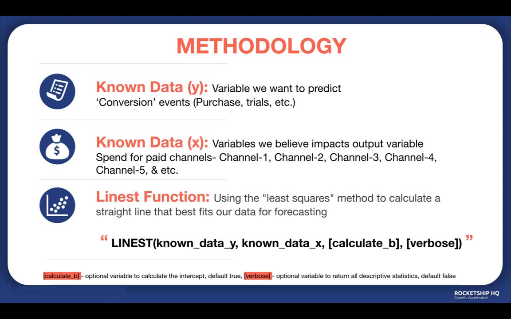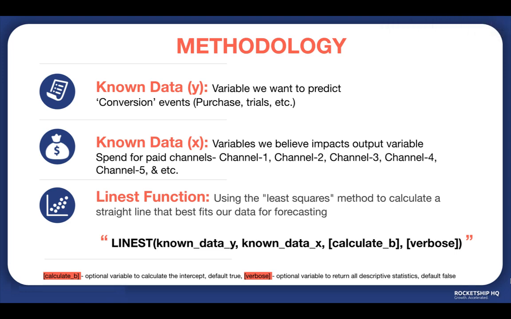The next step would be to use the LINEST function, which is a least squares method to calculate a straight line that best fits our data for forecasting. And over here, we see that this is the function wherein we will have known data Y, the output that we want to predict, using known data X, which is spend for various channels.